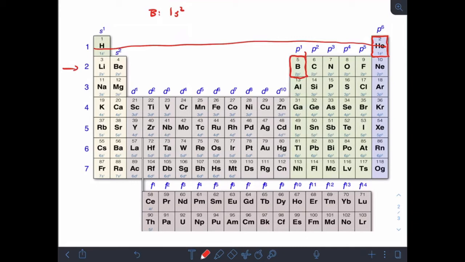All right, now I'm in row 2. I'm going to read left to right. I go 2s1, 2s2. When I get to the end of the s's, I list it. So 2s2 goes in the list. Then I continue straight across, and I get to boron, and boron lives at 2p, still in row 2, first column of the P block.